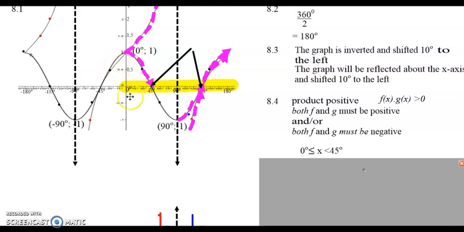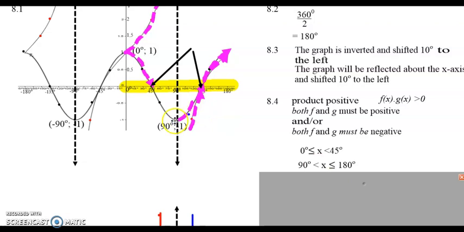From 0 degrees to 45 degrees, it includes 0. It does not include 45. Then from 90 degrees up to 180 degrees, it does not include 90 degrees because at 90 degrees there's an asymptote, and this graph does not touch that asymptote.